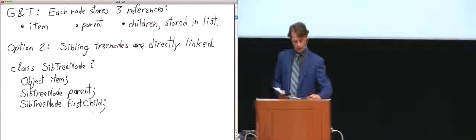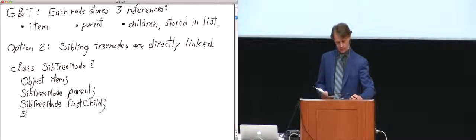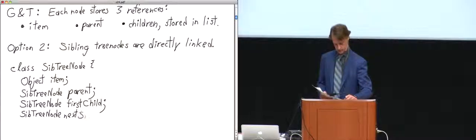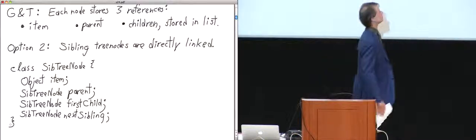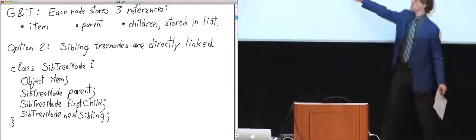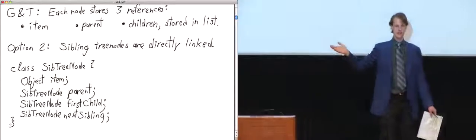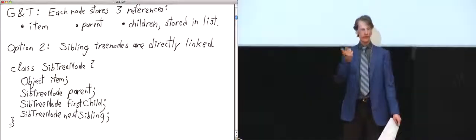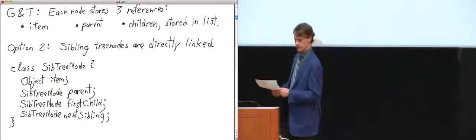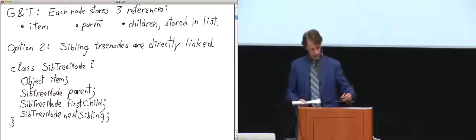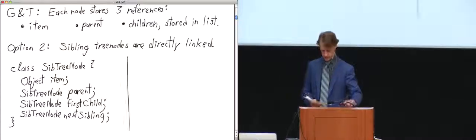Every tree node has a pointer to its next sibling. So these next sibling pointers are just like the next pointers in a singly linked list. They're used to link a group of siblings together. And now that we've got our tree nodes, we can build a tree on top of that.